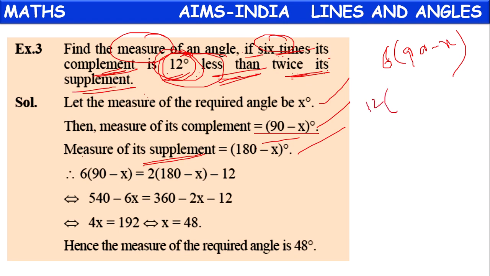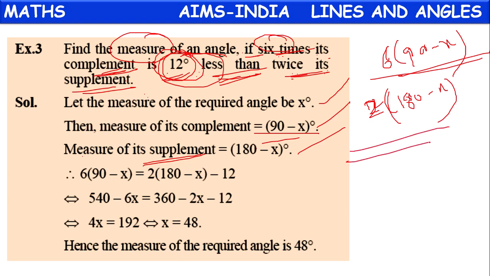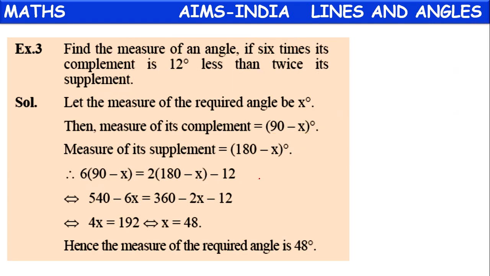Twice means 2 times its supplement, which is 2 into 180 minus x. So 6 times the complement is 12 less than 2 times the supplement, so minus 12.